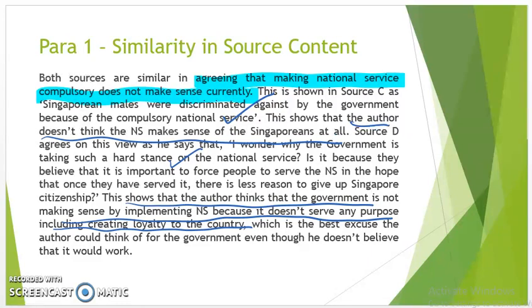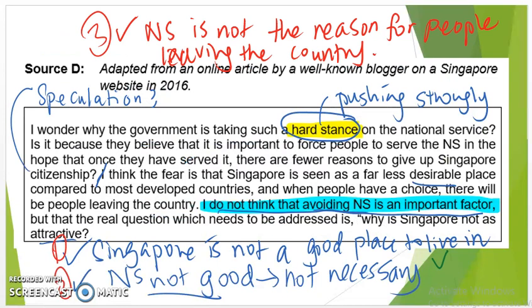What about the difference? This is a very important statement, as I mentioned. I do not think that avoiding NS is an important factor. So he feels that NS is not the reason for people leaving the country.